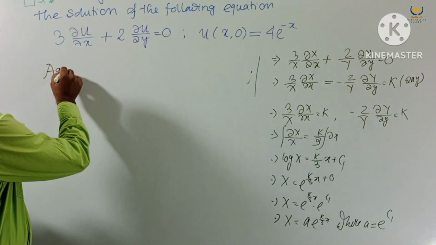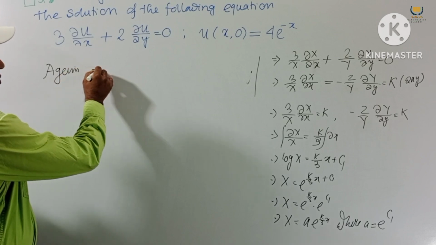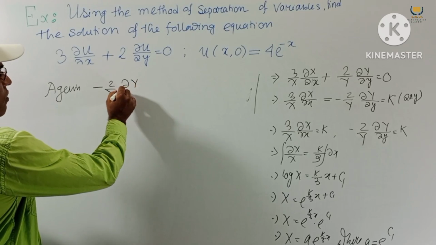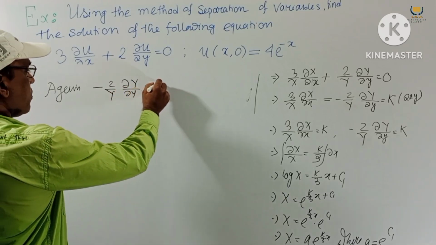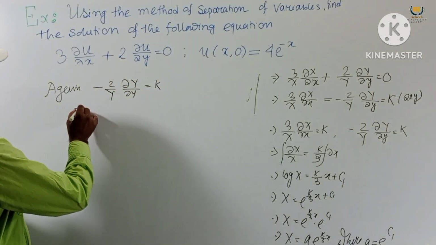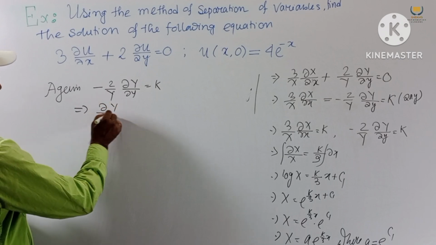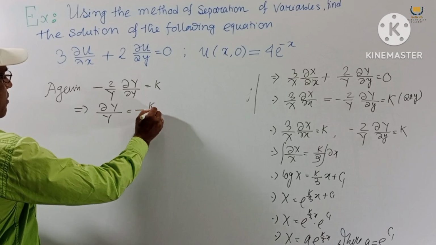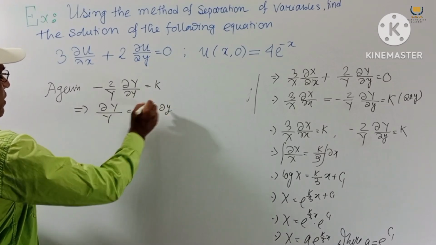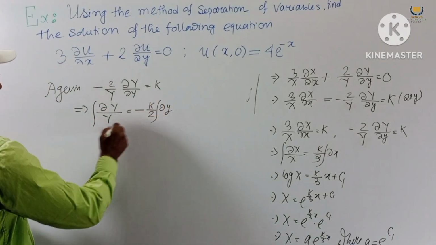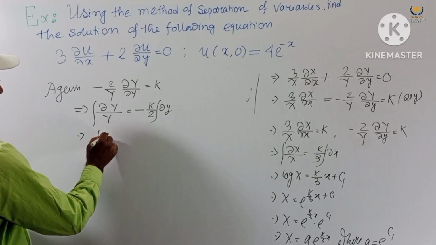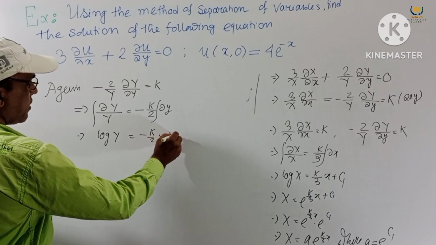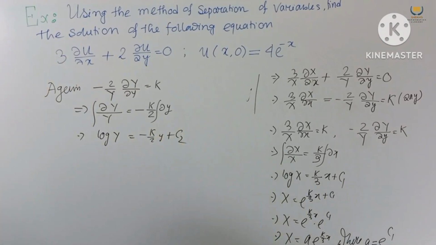Next we consider this one, and again minus 2 by Y, Y prime equal to k. So this implies del Y by Y equals minus k by 2 del y. So integrate this. So this is log Y equals minus k by 2 y plus c2.